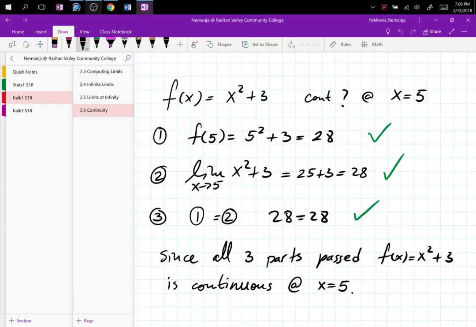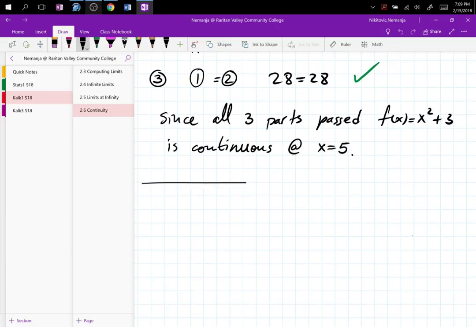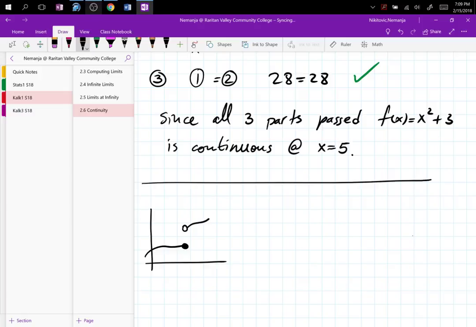So now there are 3 rules, so there have to be 3 ways to ruin continuity. And we achieve that by considering these three different pictures. So the first graph is the one that you have seen earlier. Then let's say you have this graph.